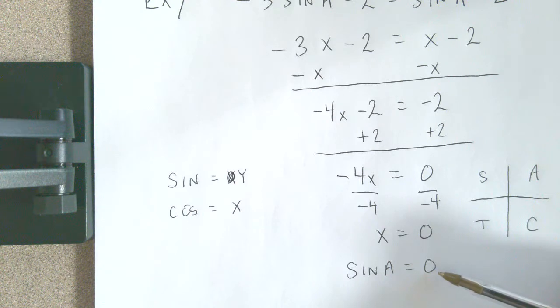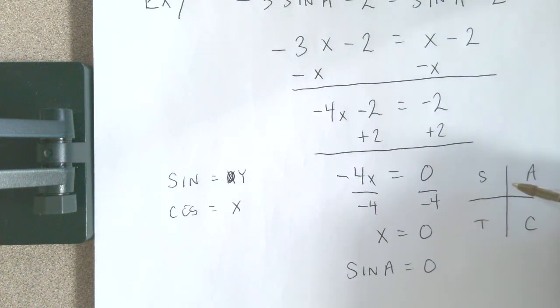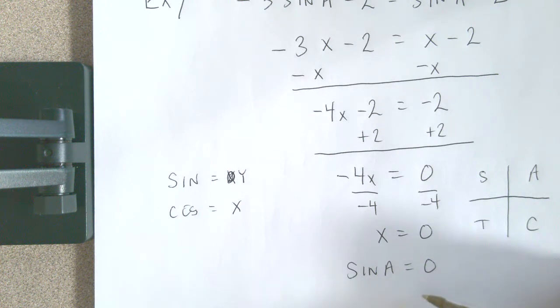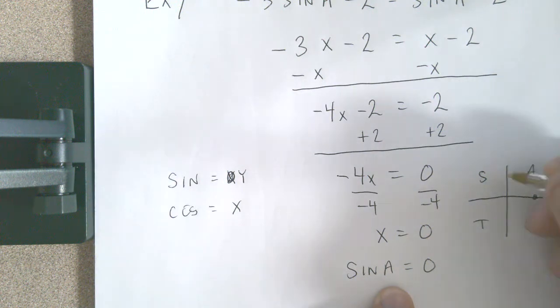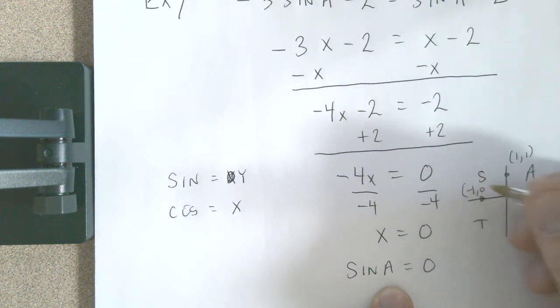So this is a situation where the angle we're talking about is going to be on one of our axes. Well, where is y equal to 0? Now, if you were to put a point on the axis, we know this point is 1, 0. We know this point is 0, 1. We know this point is negative 1, 0.